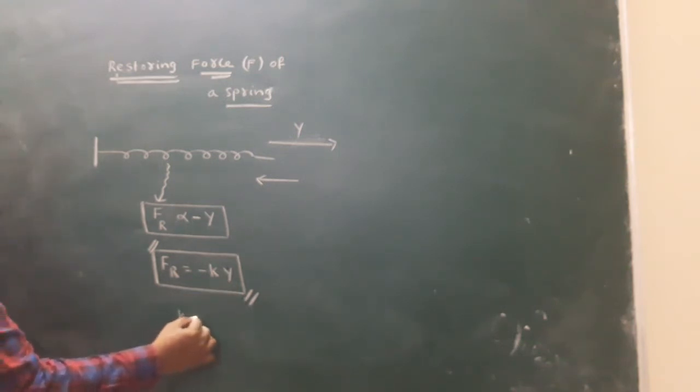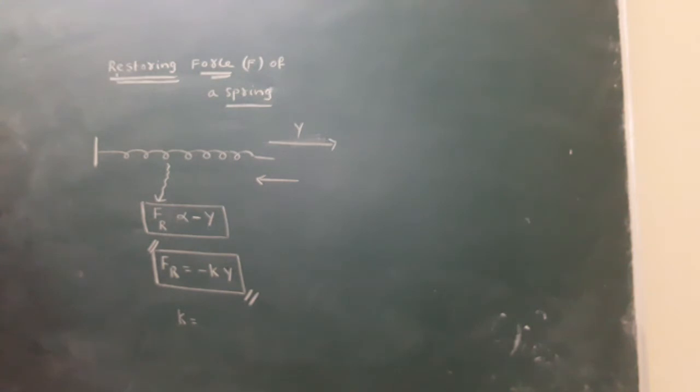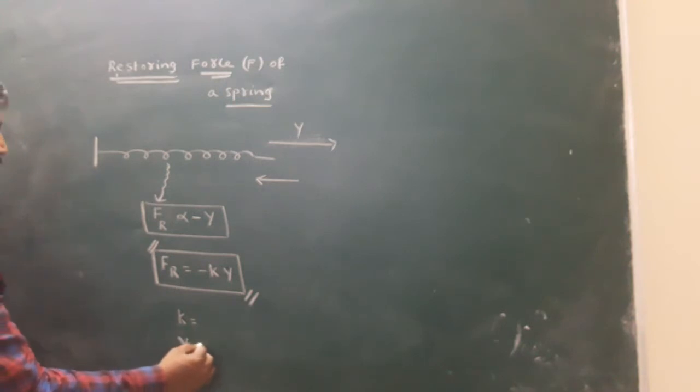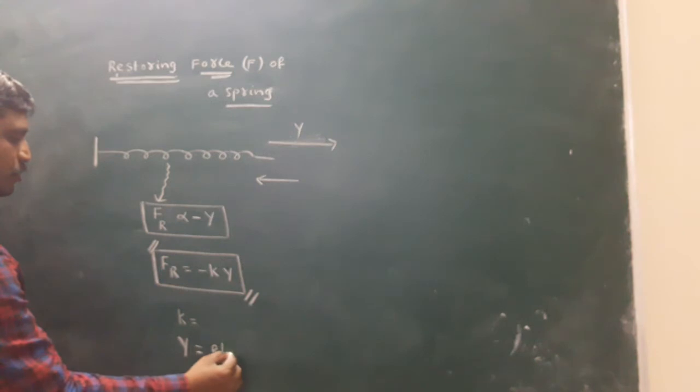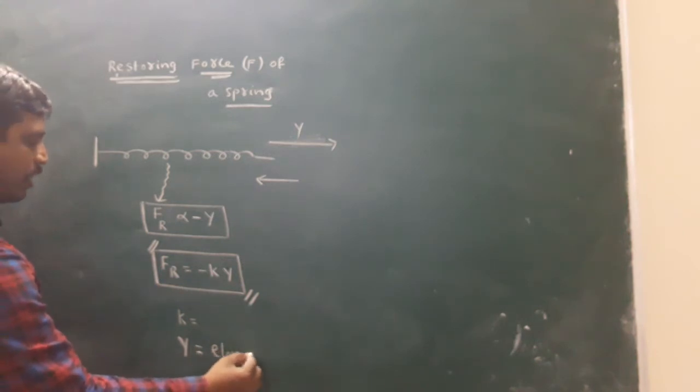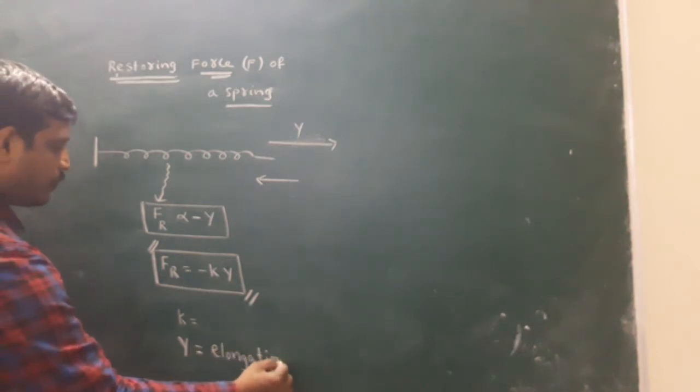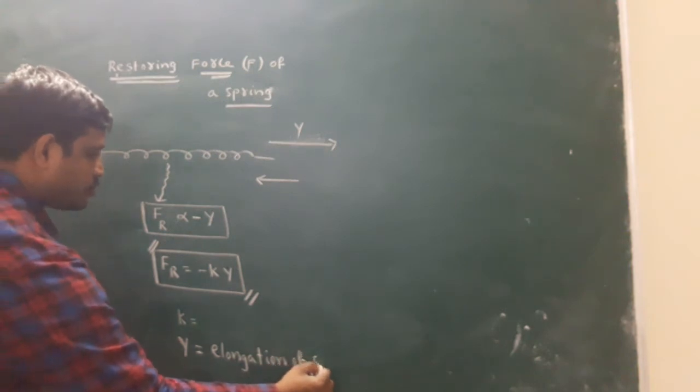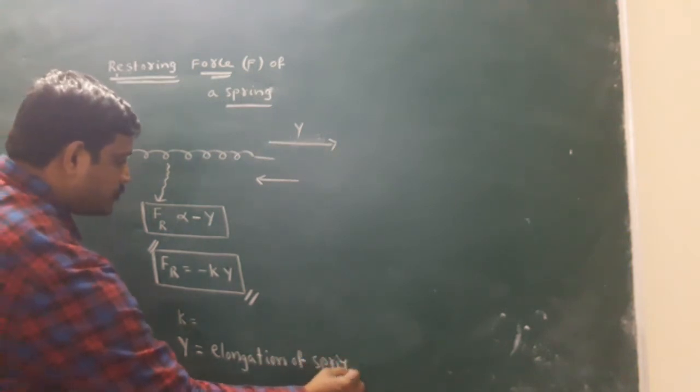Here k is called spring constant, force constant, stiffness constant. y is called the distance moved by the spring. Some textbooks write it as elongation or extension of the spring.